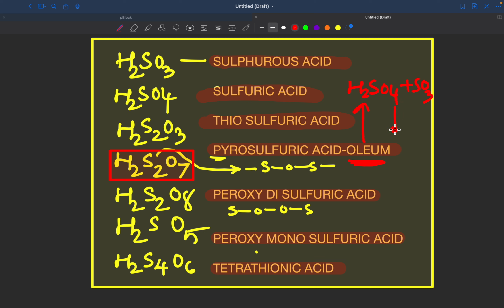So when you just add water to this, 2 moles of H2SO4 are obtained, right? That's why, instead of carrying sulfuric acid, it is carried in the form of oleum, so when you reach the destination, you mix an adequate amount of water with the oleum, so that you will get double of it.